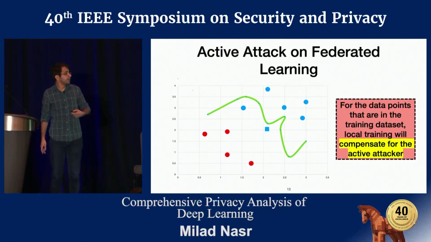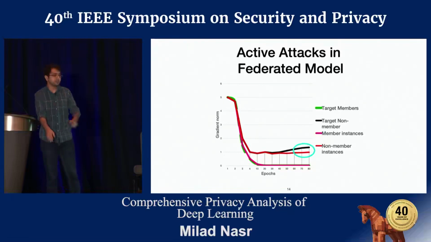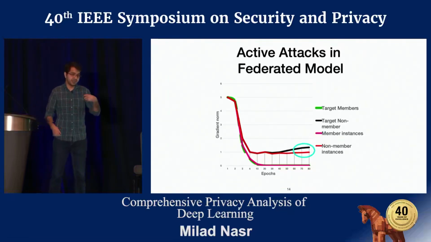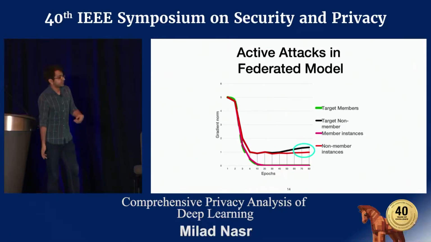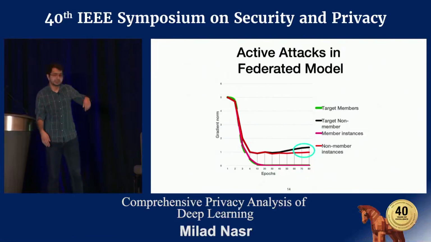So again, we applied this attack, and we saw that, for example, if some point wasn't part of the training data, but it was part of the attacker's target set, so the attacker did the gradient ascent on it, you can see that the gradient norm will increase compared to the case that it wasn't part of the target data set.